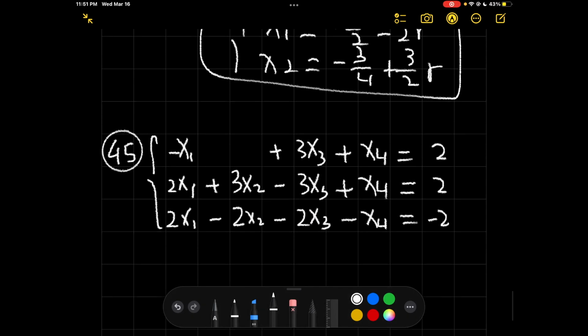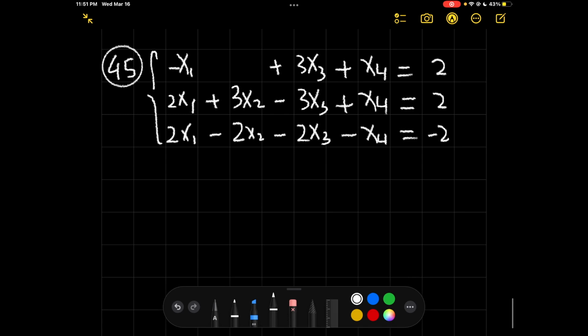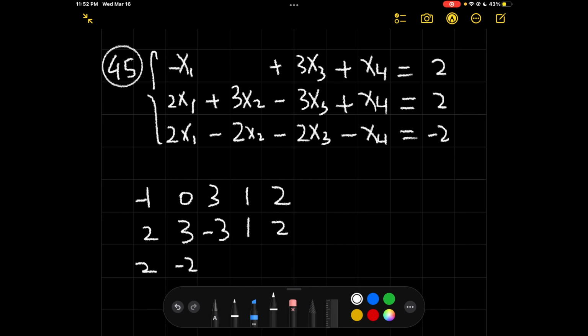Okay, let's move on to question 45. We have 3 equations for 4 variables. Let's write the augmented matrix form, which is: negative 1, 0, 3, 1, 2; 2, 3, negative 3, 1, 2; 2, negative 2, negative 2, negative 1, and negative 2.